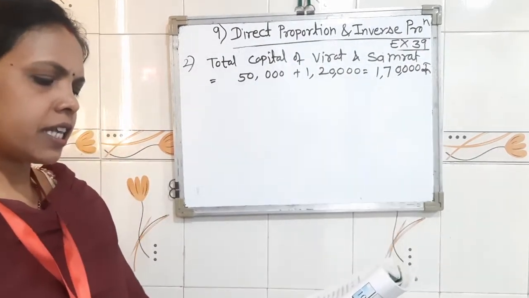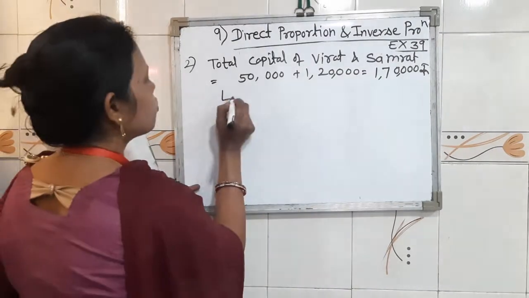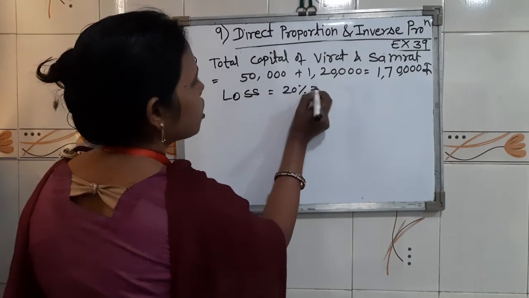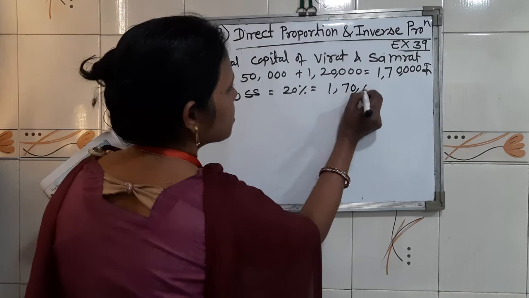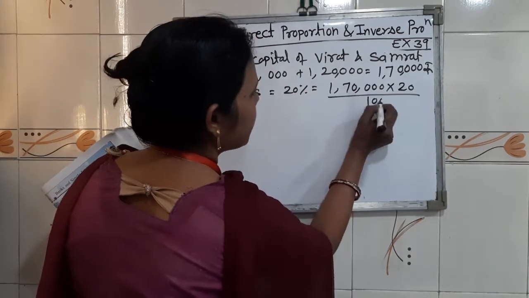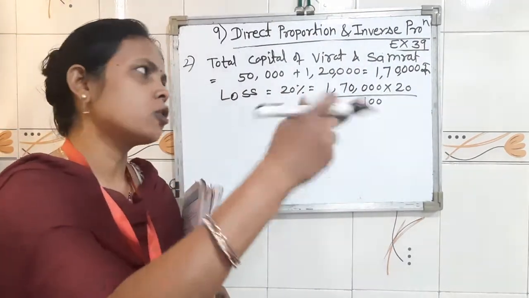After that, they suffered a loss of 20%. Their loss equal to 20% of 1,70,000, that is 20 upon 100. 20% is given, therefore we are going to convert it into a fraction.